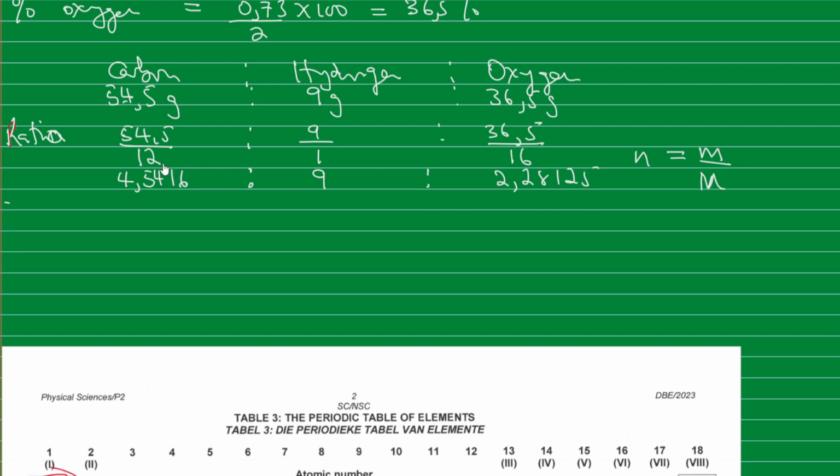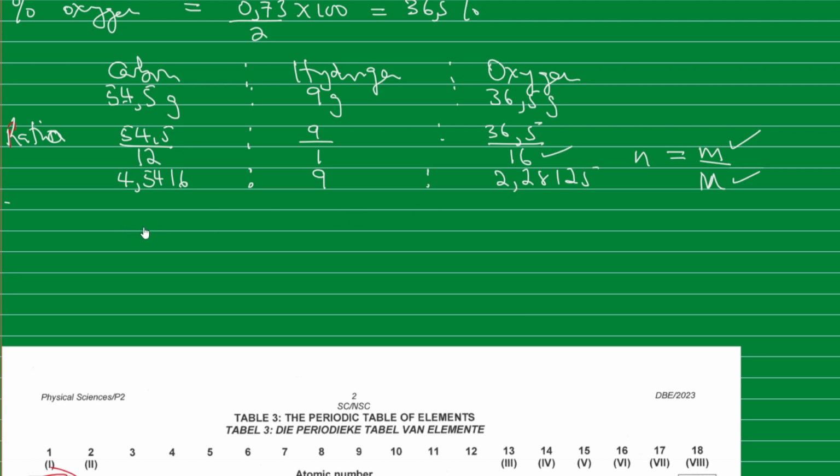The numbers we are getting here are the ratio of the moles, because remember we took our percentages to represent mass in grams. Now we are dividing by the molar mass, so we get the number of moles. So for every 4.5 moles of carbon, which is the number of particles of carbon, we've got 9 and this.